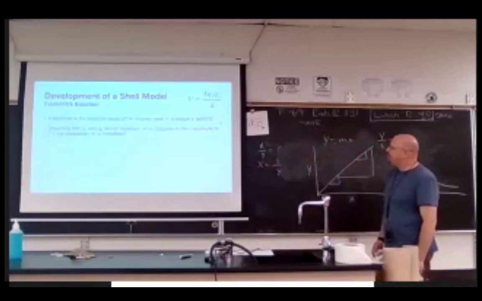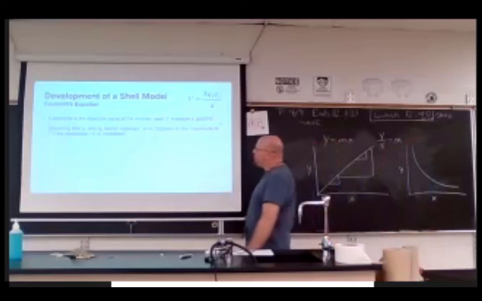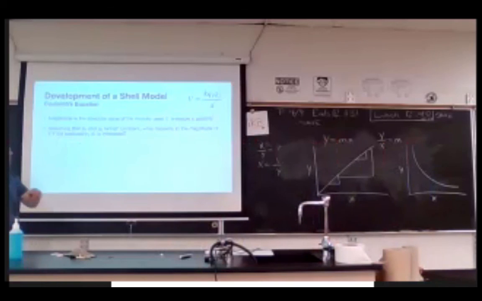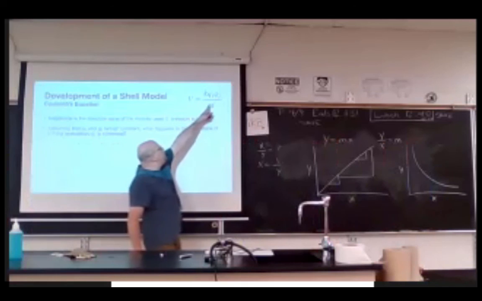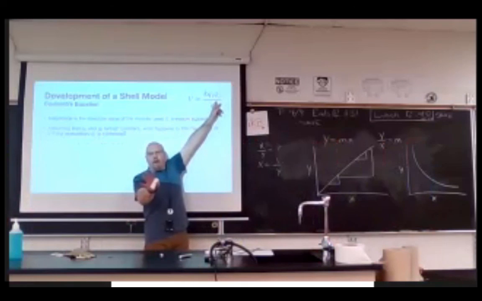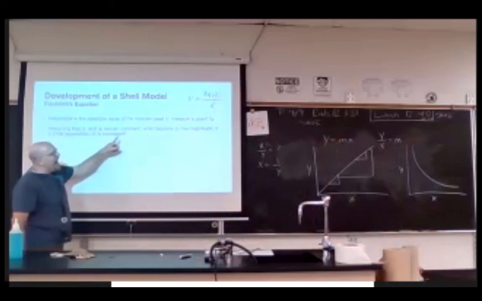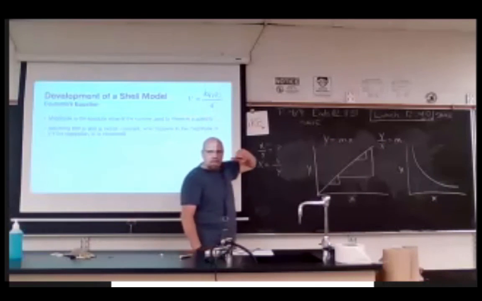All right, development of the shell model. Magnitude is the absolute value of the number used to measure a quantity. We talked about that. So, assuming that Q1 and Q2 remain constant, it doesn't matter what they are, these don't change. What happens if the value of d is increased?